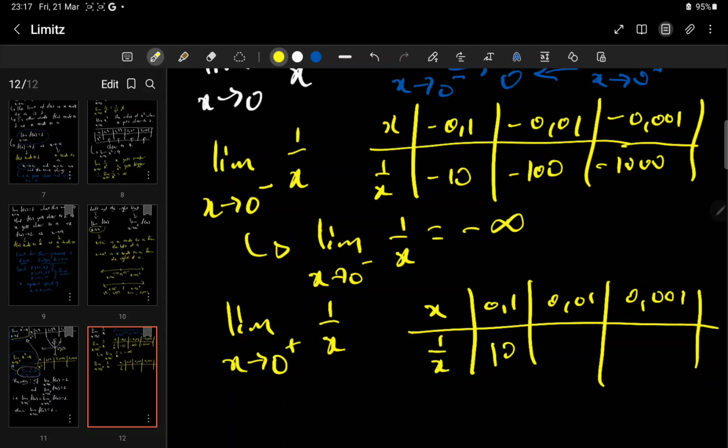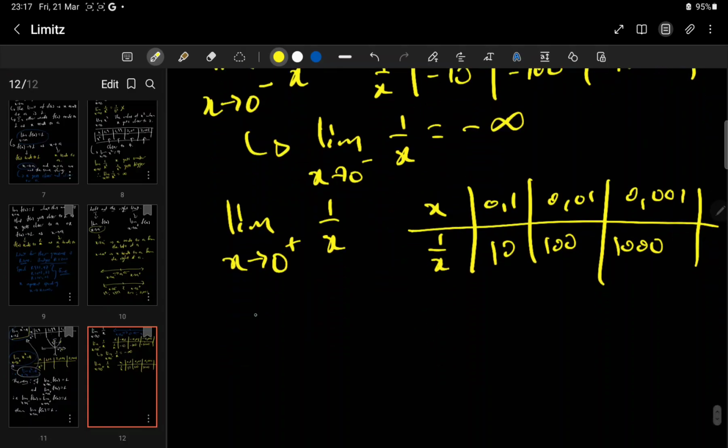This is going to be 10, 100, 1000, right? So we can see that the limit as x tends to 0 from the right of 1 over x is infinity.